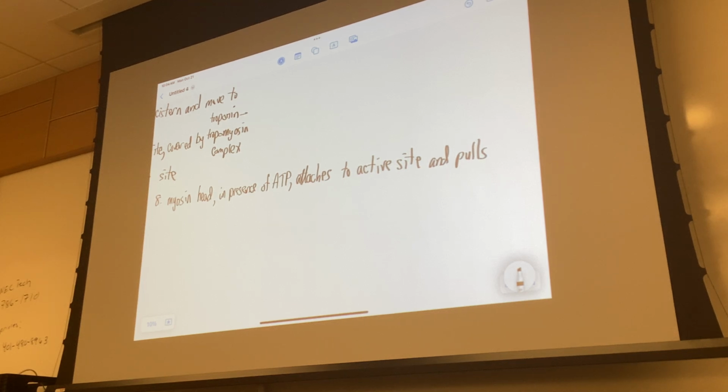The active site of actin is pulled on, so actin goes along for the ride on a muscle contraction. The myosin head then pulls on the active site of actin. So whenever you see the word active site, that has to be on actin.